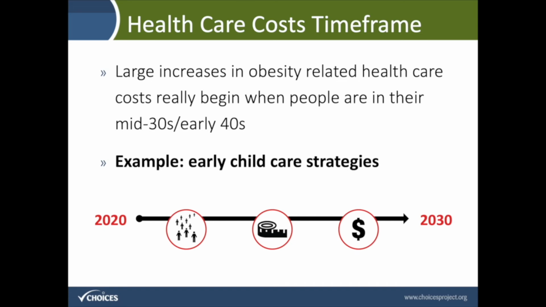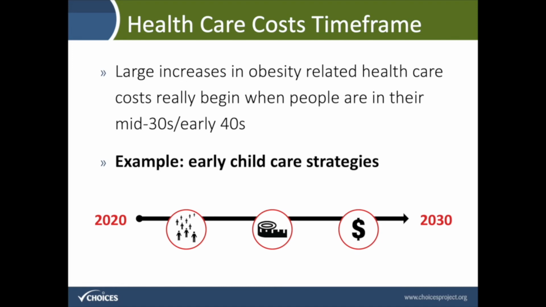This is important to keep in mind: these healthcare costs really don't increase substantially until the mid-30s or early 40s. And that's, again, when we see large increases in risks for morbidity and mortality from obesity. So children at higher weight do have some higher healthcare costs, but it's not really until you reach your mid-30s or early 40s that obesity risks really start to be more substantial.